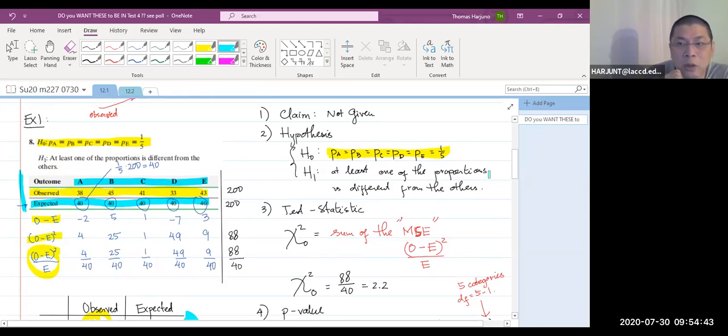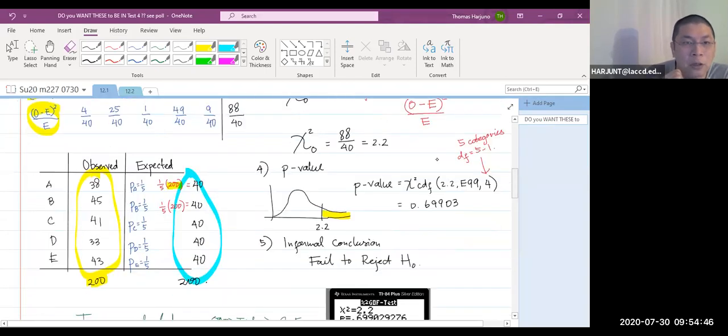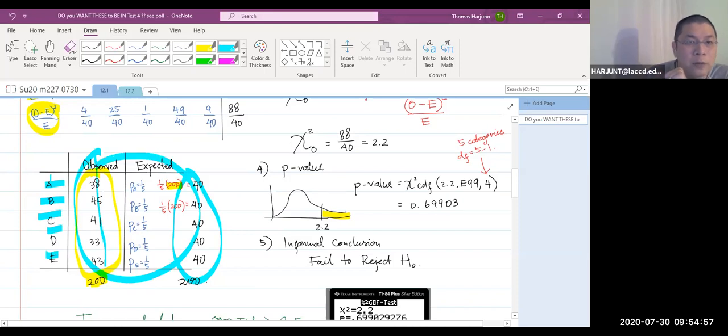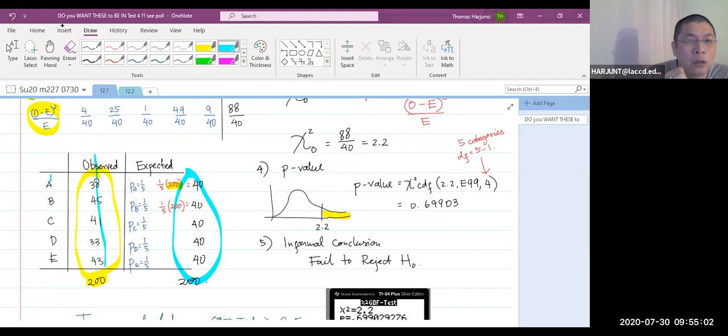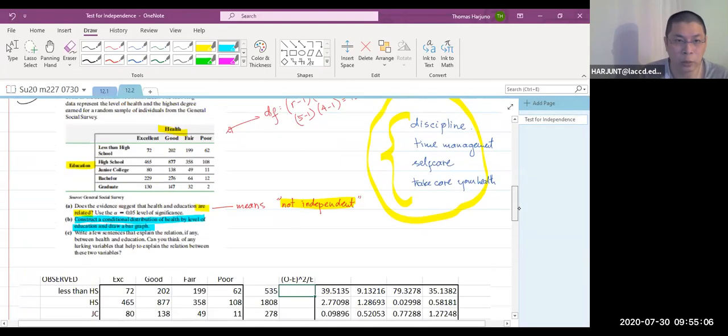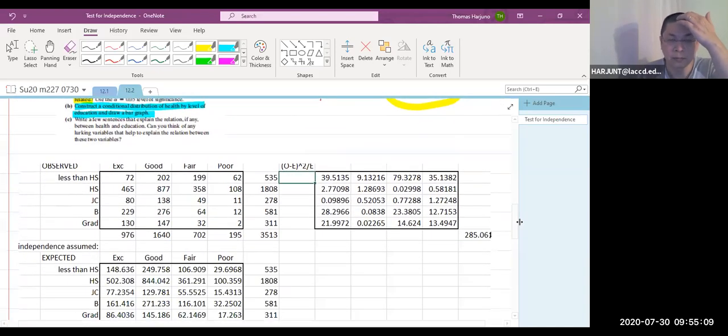Or if you invert the table, that will be one column, many rows. Now for that one column, we have observed and expected. While in test of independence, we did exactly the same thing, except that we have more than one column and more than one row.